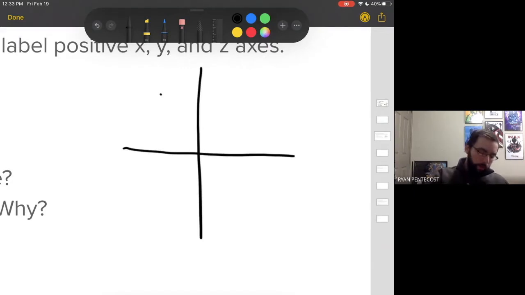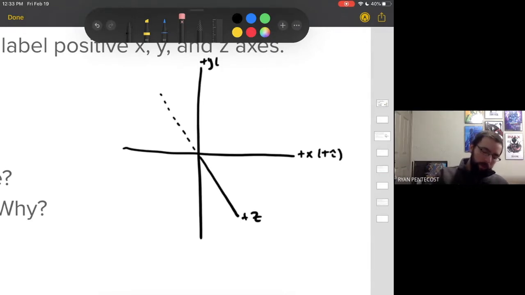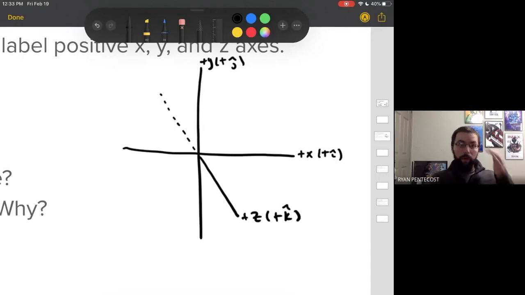And then we have, okay, so this is our positive x, positive y, positive z. You can also say that this is your positive I. This would be your positive j. And this would be your positive k. Okay, so we're dealing with those unit vectors, right?